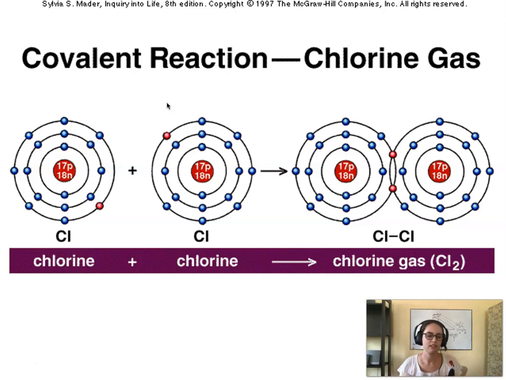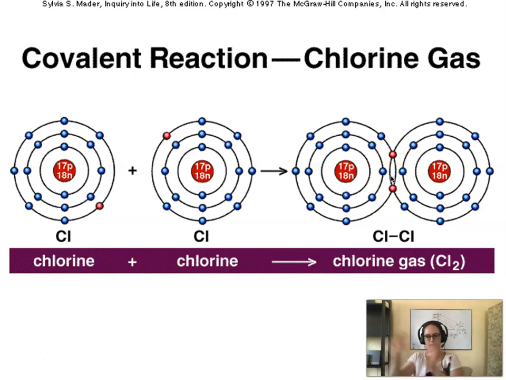We still have an unstable outer shell. And one way to stabilize these outer shells without donating or receiving electrons is to instead share electrons with each other. So if this chlorine shares this electron with this chlorine, and this chlorine shares this electron with this chlorine, these two electrons can occupy both clouds of probability.